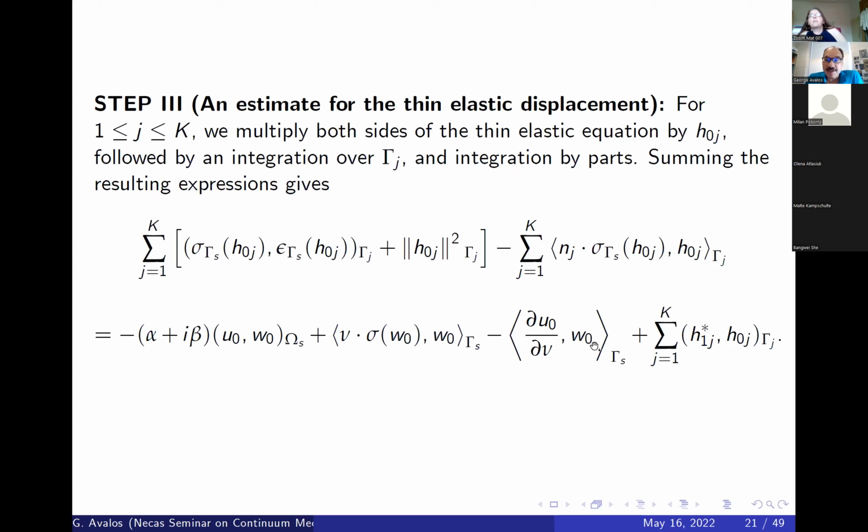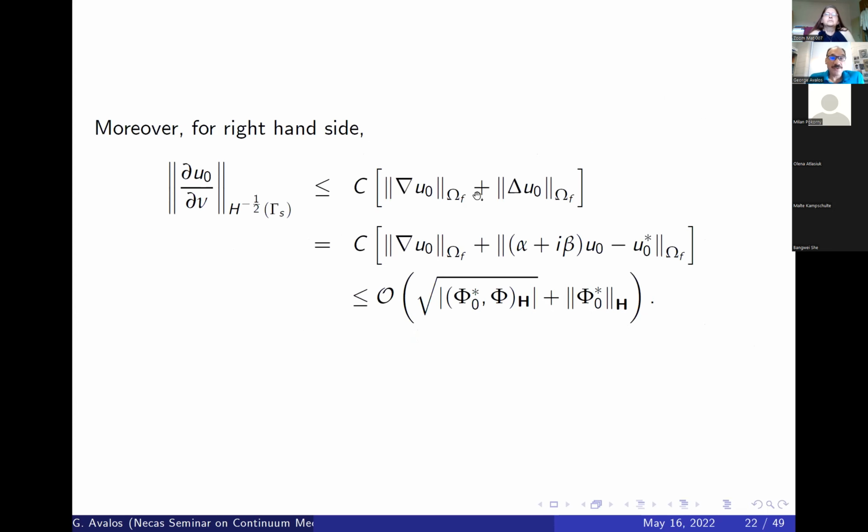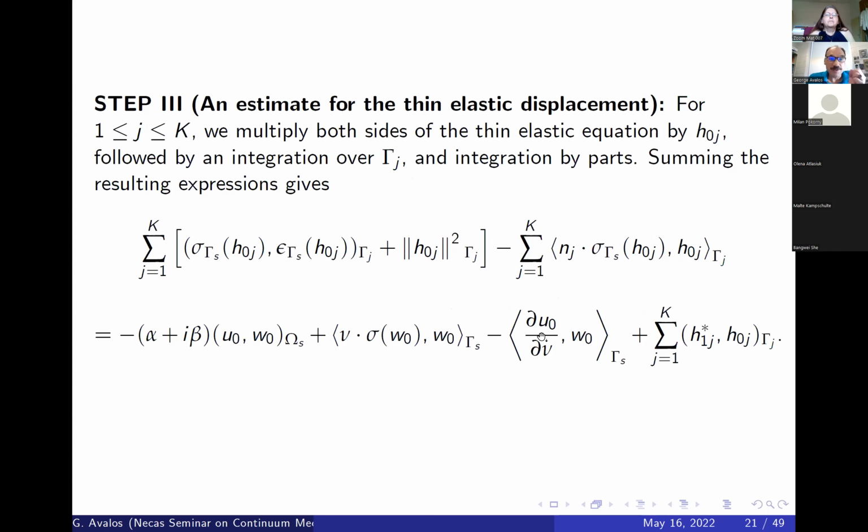So to deal with this, looking at the flux term, we have control of the flux since we have control of the temperature. An energy method gives us an estimate for the flux in H^{-1/2}. And of course, we have control straight early on of the temperature. We use this. So we have control of this guy.